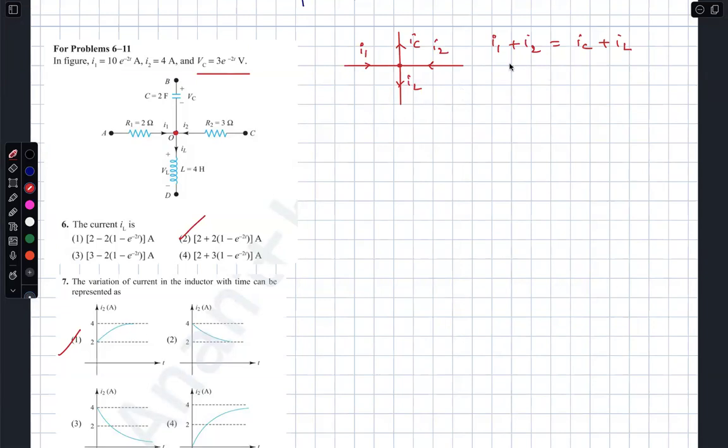And one more important point is, at any instant, Q is equal to CV, and minus dq by dt is IC actually here.